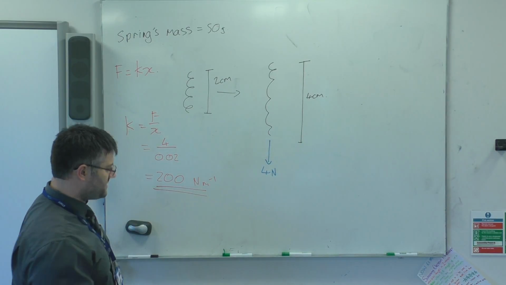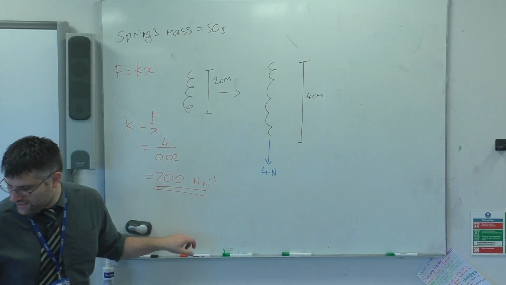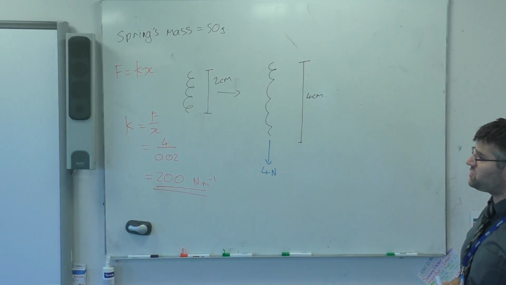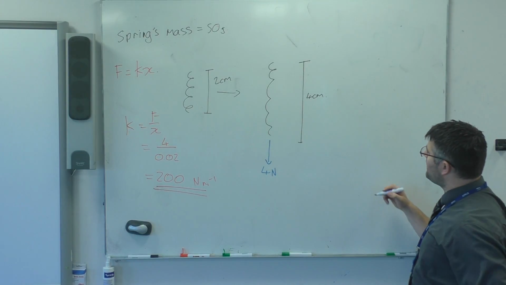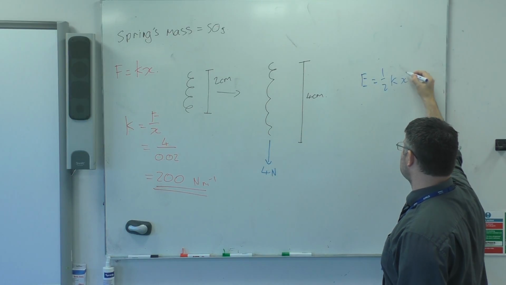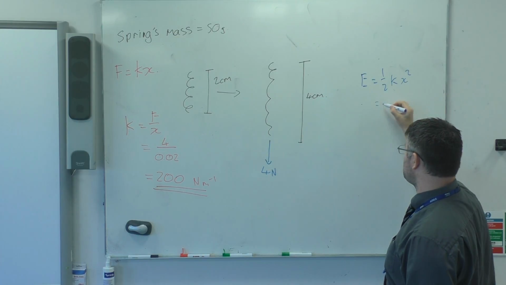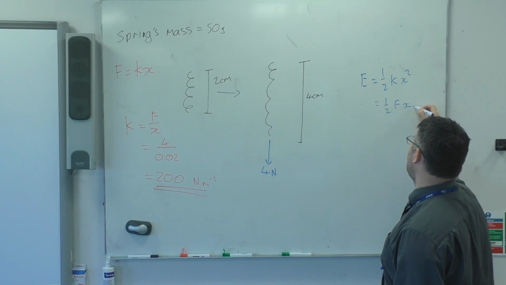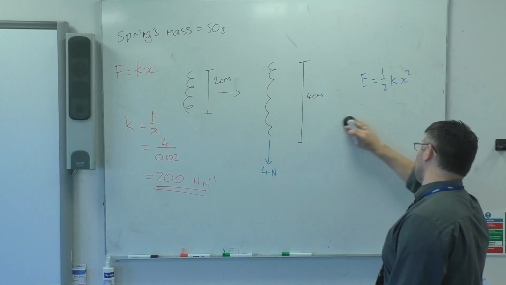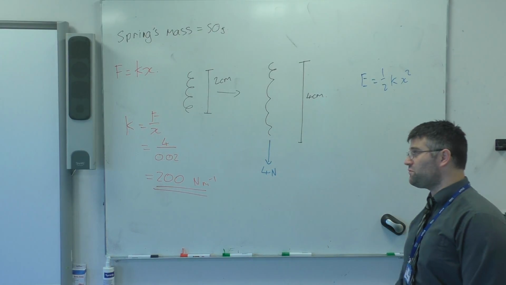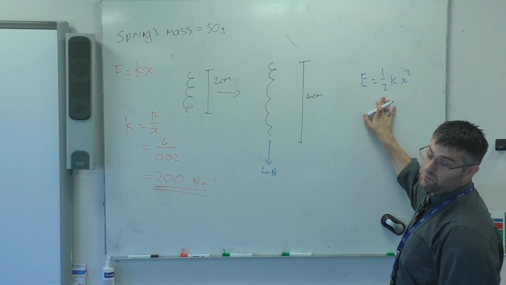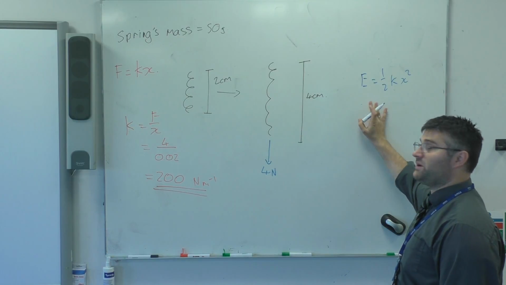Let's look at the next idea over here on the right. We were looking at what is the energy stored in this spring whilst I've pulled it down. So the energy stored is, from the previous equation, energy equals a half kx squared, or you could use half Fx. Either is good. I'm going to go with half kx squared, but if you were given one piece of information over the other, then you might decide to start with that equation instead.